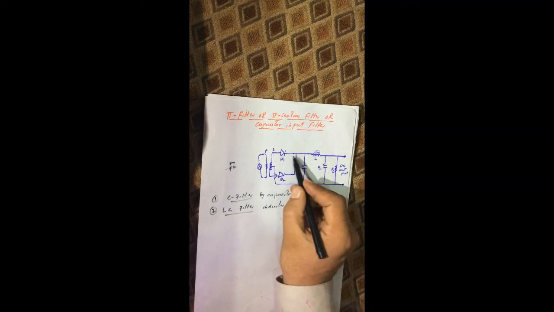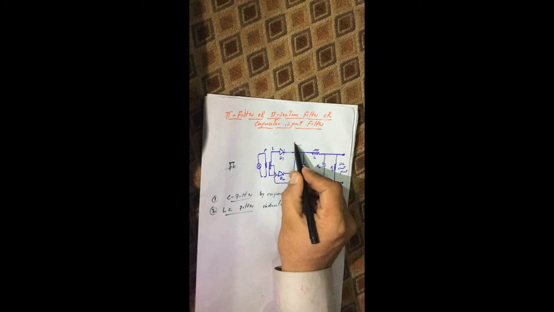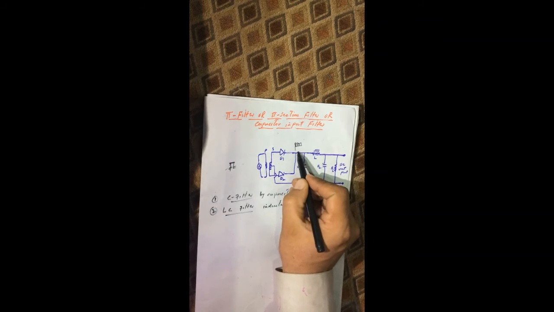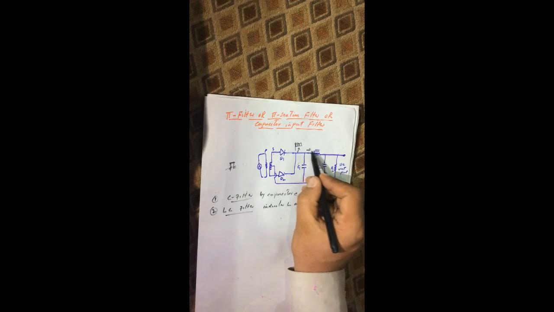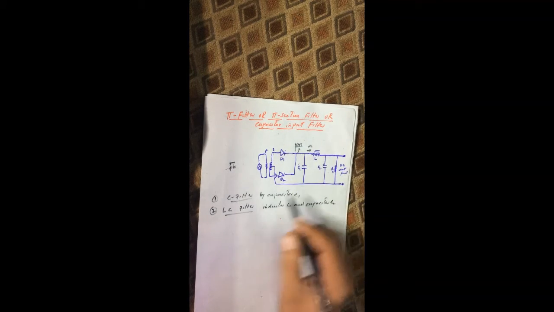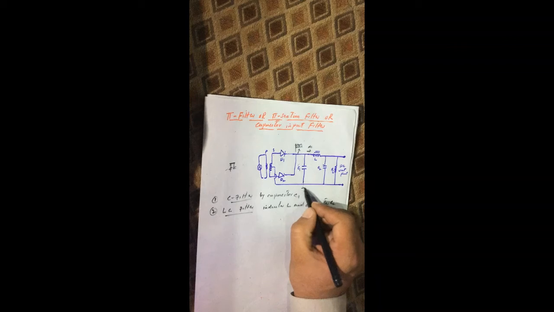Its working principle is very simple. The output of this rectifier contains both AC and DC components. Once this passes through this capacitor, then this capacitor blocks DC. So DC will pass through this way, and it allows AC to pass through this capacitor. So the AC component will be grounded.